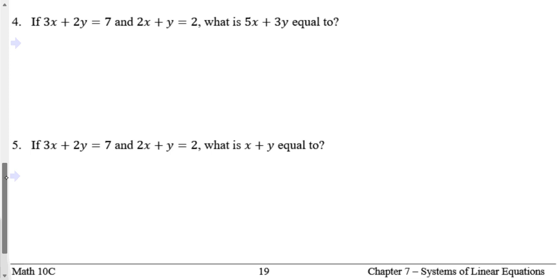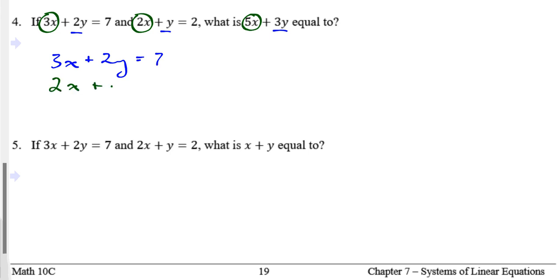Because again, as you look at the two x's that we have, the 3x and the 2x, if I add them together, I'll get the 5x. And if I look at the 2y and the y, add them together, that'll give me 3y. So I could look at my first equation, 3x plus 2y equals 7, and my second equation, 2x plus y is equal to 2.